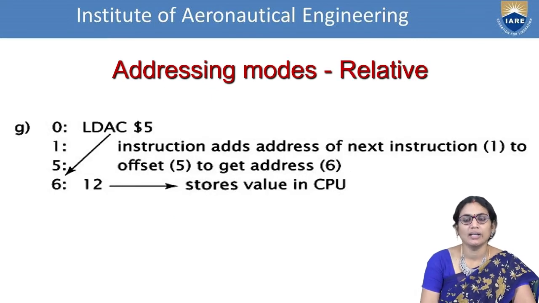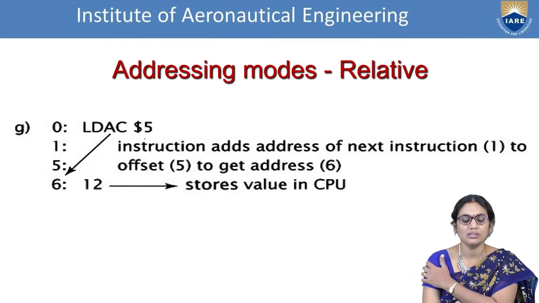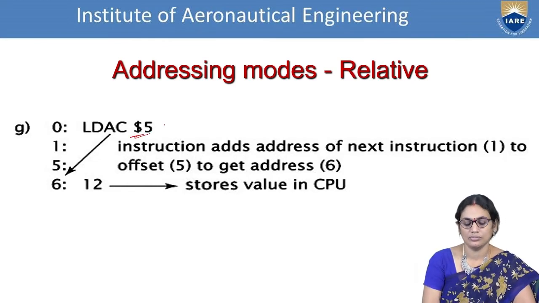Next one is relative addressing mode. What do you mean by relative addressing mode? As the name suggests, relative addressing mode means we are trying to add the addresses, and the added value will be the location where my original data is stored. So let us consider the same example over here. The relative addressing mode is specified with the dollar symbol. LDAC $5 represents that the 5 is having some location.